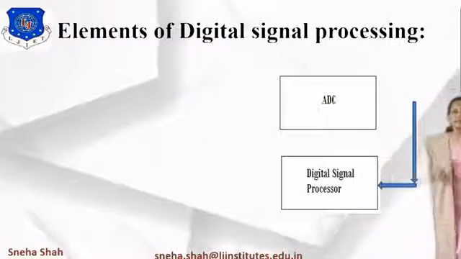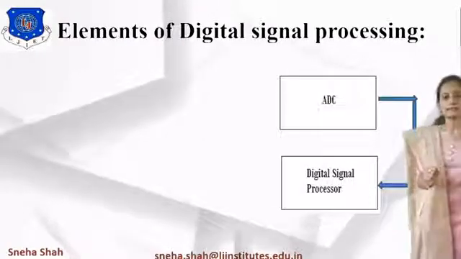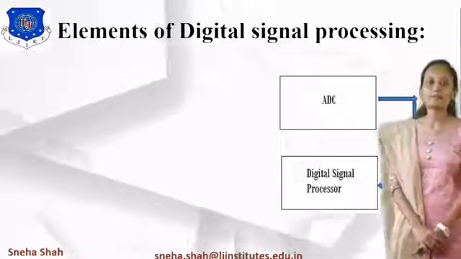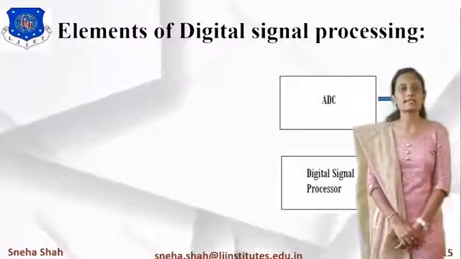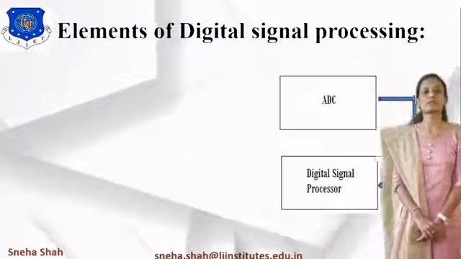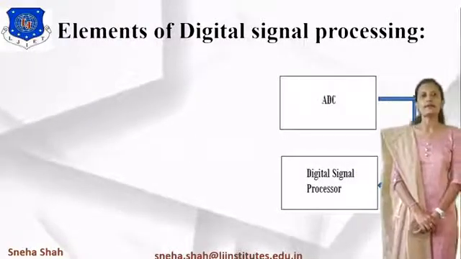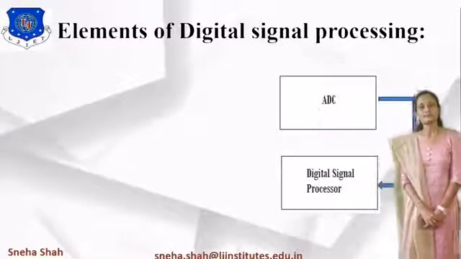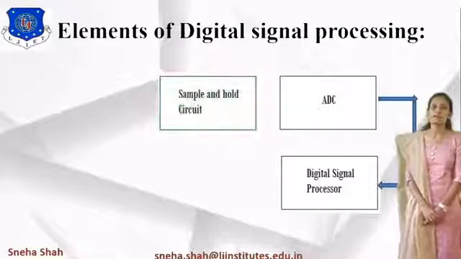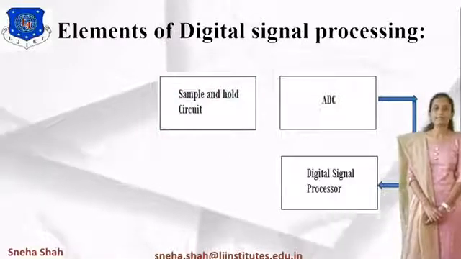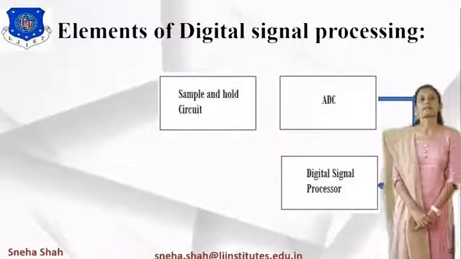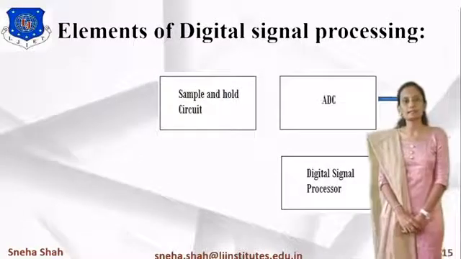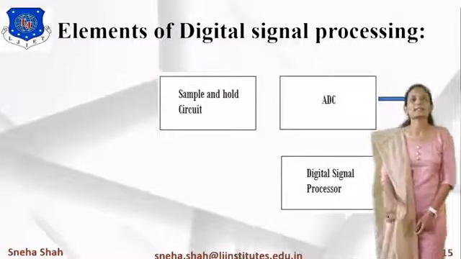So it will do the processing on it. But an analog signal can't be converted directly into digital. For that, we first have to do another process, which is sampling, and for that we use a sample and hold circuit. What is the function of the sample and hold circuit? It converts the original continuous time signal into a discrete time signal by taking samples.